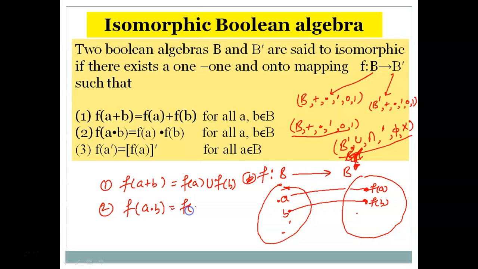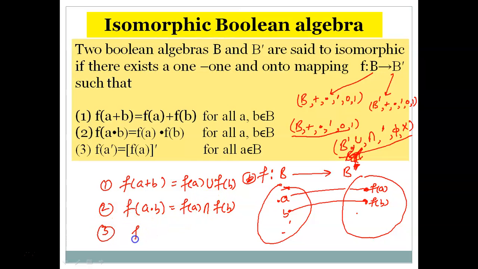Exactly in the same manner you will write F of A dot B will be equal to F of A intersection F of B, because in place of dot in the right hand side Boolean algebra we have intersection. Here the element is A, and F of A is in fact a set. That is why we are using the operations union and intersection.